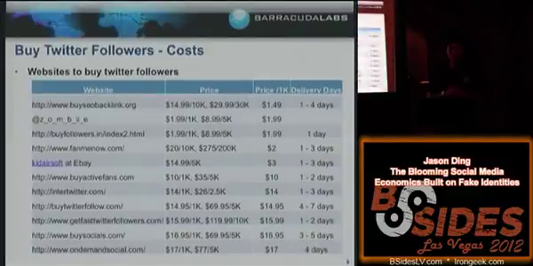First, how much does it cost to buy Twitter followers? I looked at many websites and also some people on eBay. You get around $10 or $20 for 1,000 Twitter followers, which is pretty cheap, right?